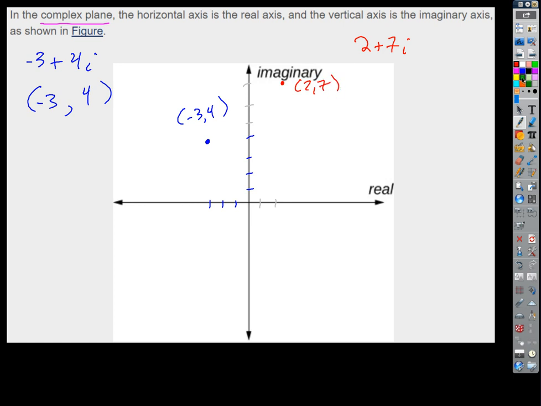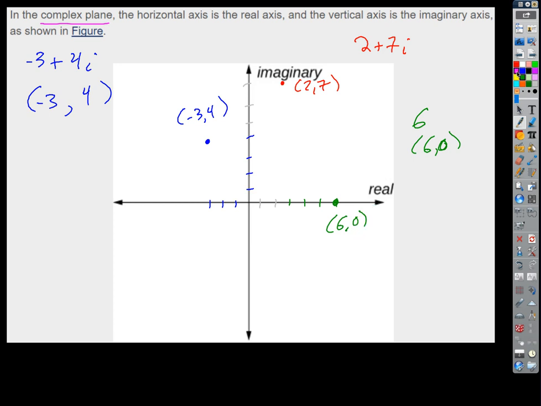How about the number 6? Just 6 to the right, exactly, right? There is no imaginary part, so the coordinates at this point would be 6, 0. Do you see that? So we just go over 3, 4, 5, 6. So there's 6, 0.